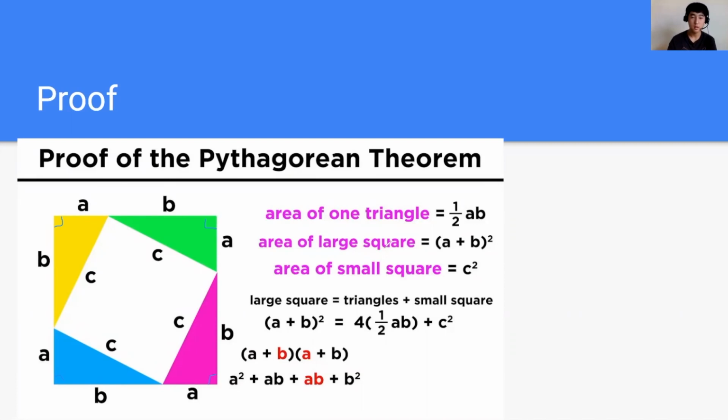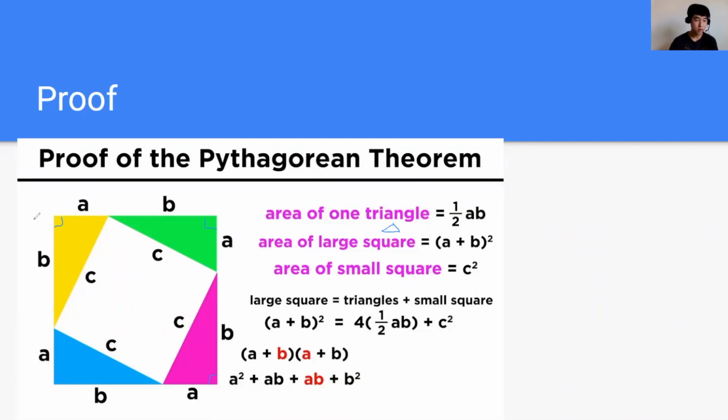So, okay, area of one triangle. One triangle is, you know the formula, 1/2 times base times height, 1/2 times A times B. And the area of the large square.